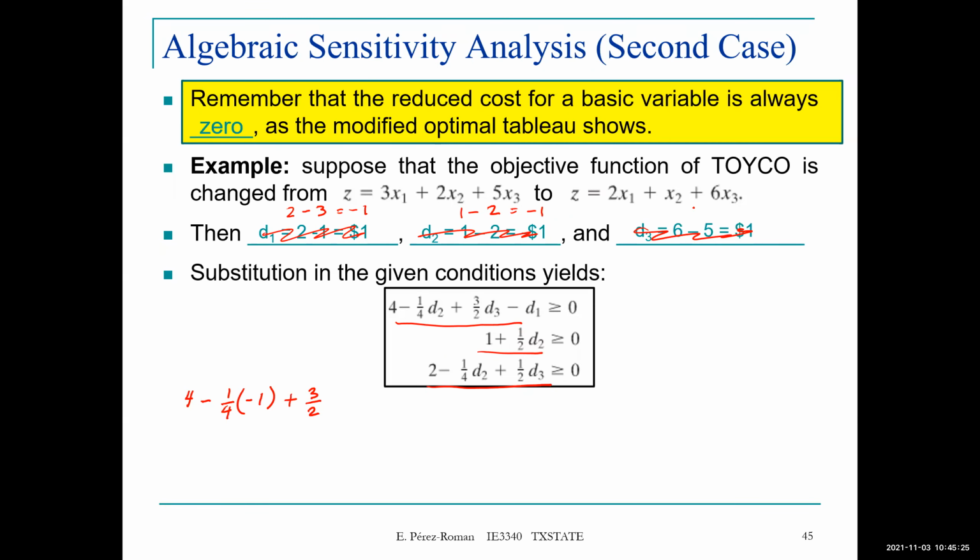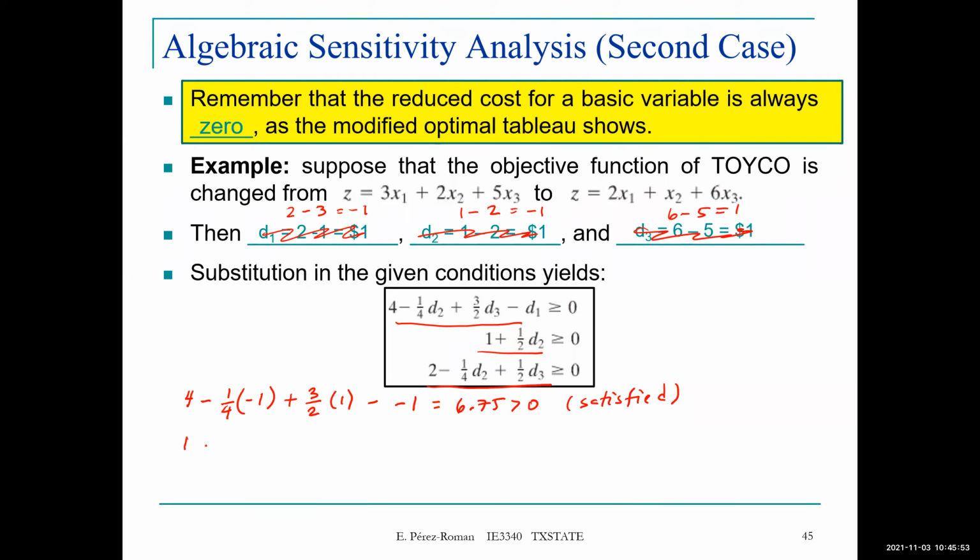D3 should be 6 minus 5 equals 1. So this is 1 minus D1. D1 is minus 1, so minus D1, and this is equal to 6.75, which is greater than 0. Satisfied.